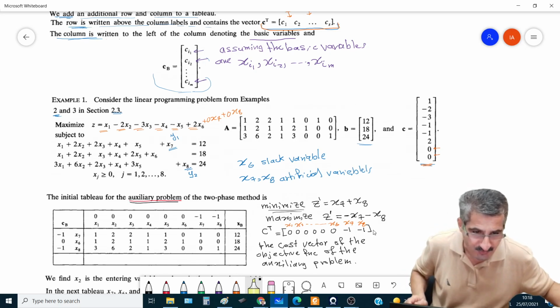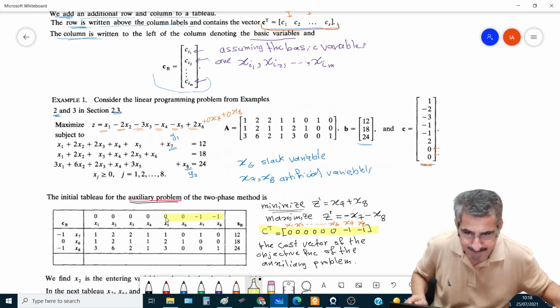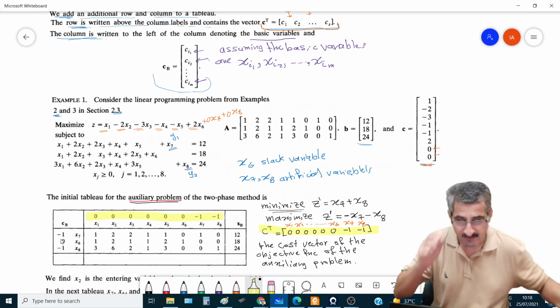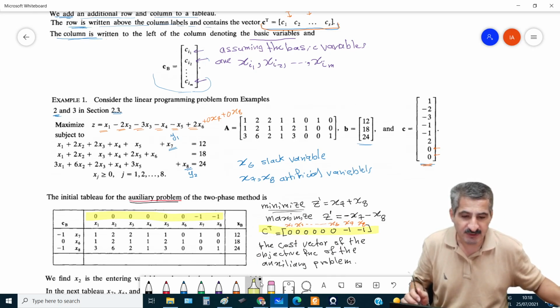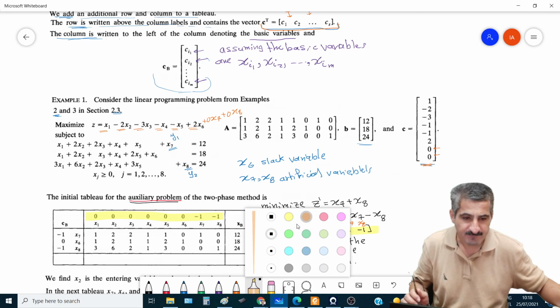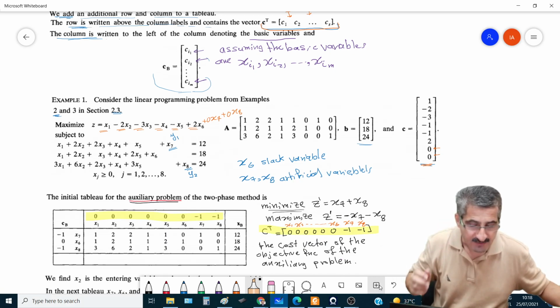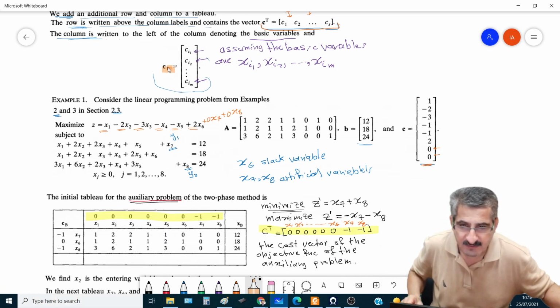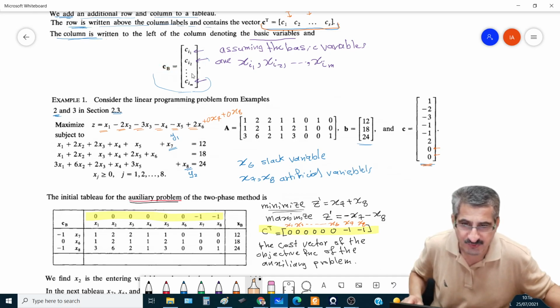we mean adding this row here. Good? Okay. Now, what do we mean by adding this part of the cost vector that corresponds to what?